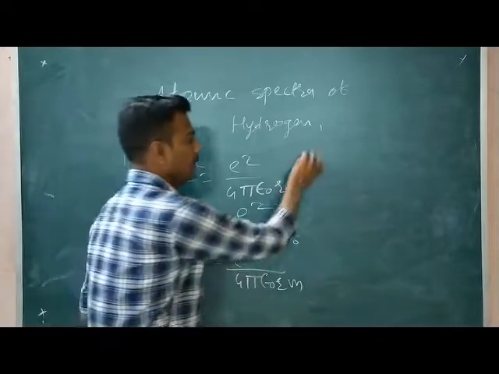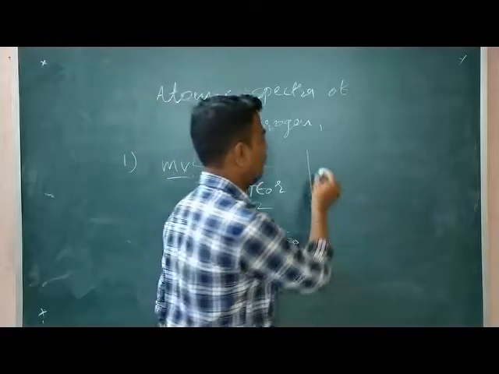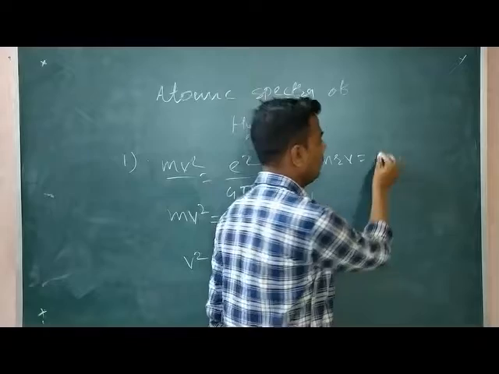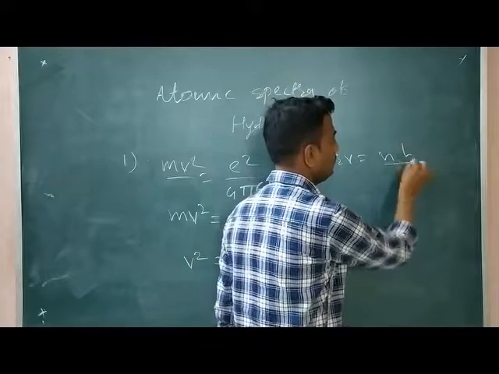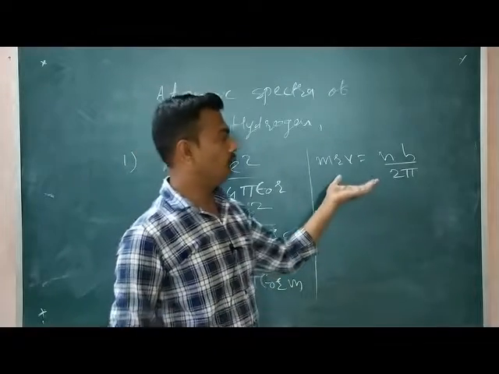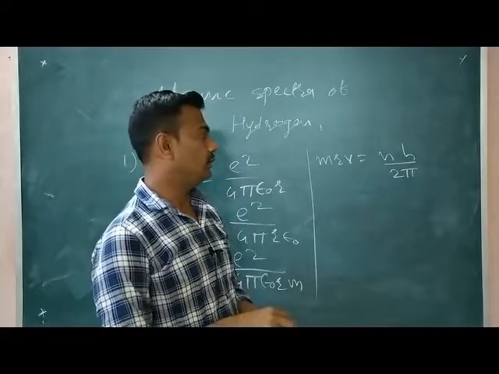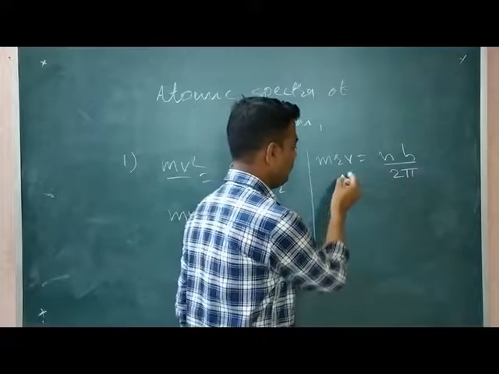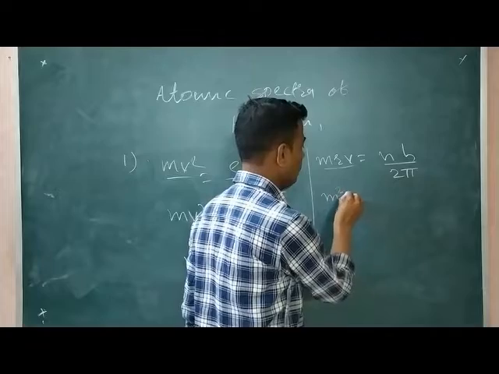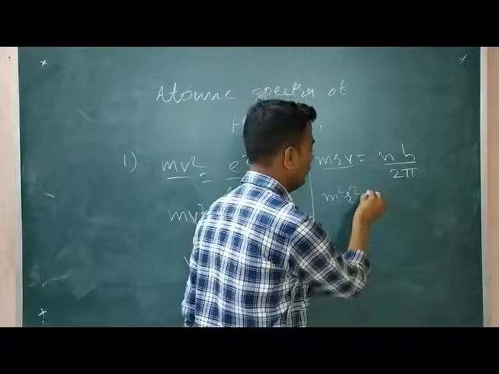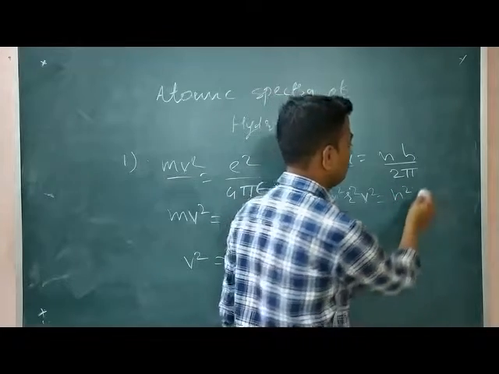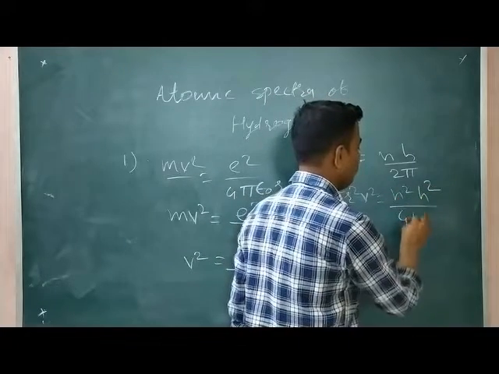Now according to the second postulate, the angular momentum of the electron, mrv, is equal to nh divided by 2 pi. If I square both terms, we get m square r square v square equals n square h square divided by 4 pi square.